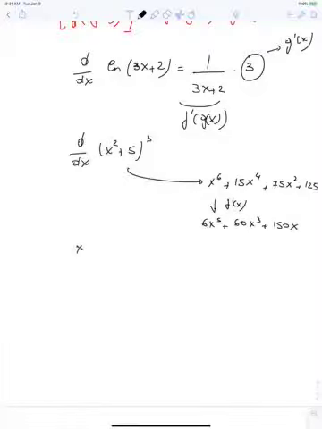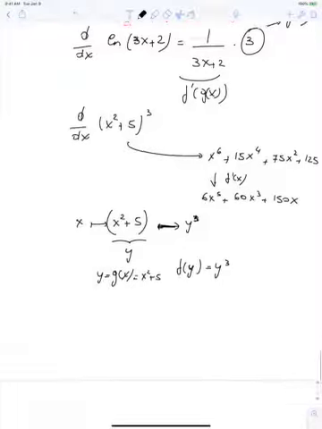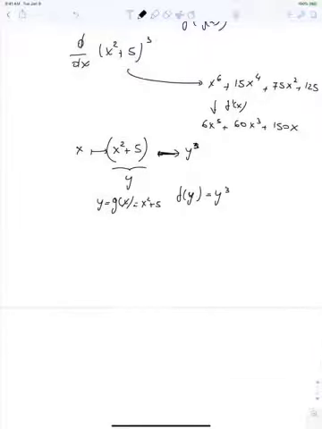We take x and we compute x squared plus 5, and then we take this result, I'm going to call it y, and we're going to compute the cube of y. So one function is f of y equal y cube, and another function y equal g of x is equal to x squared plus 5. So this is how we compose the two functions.